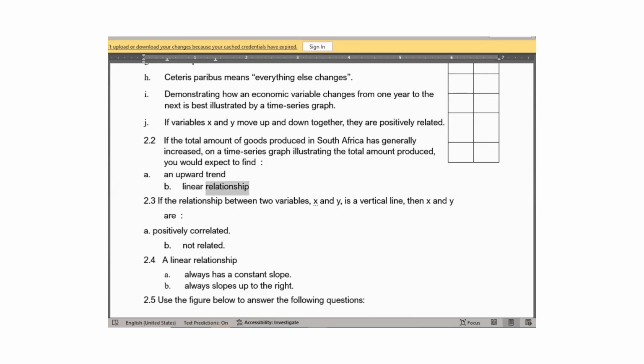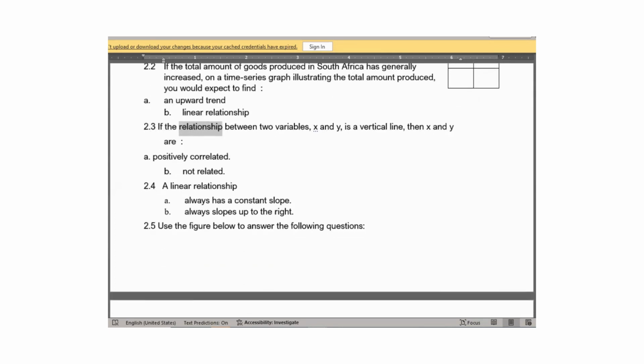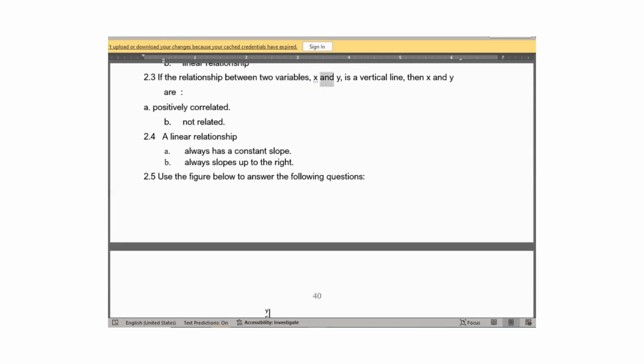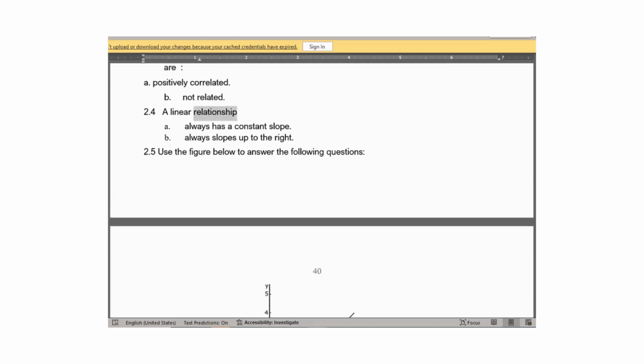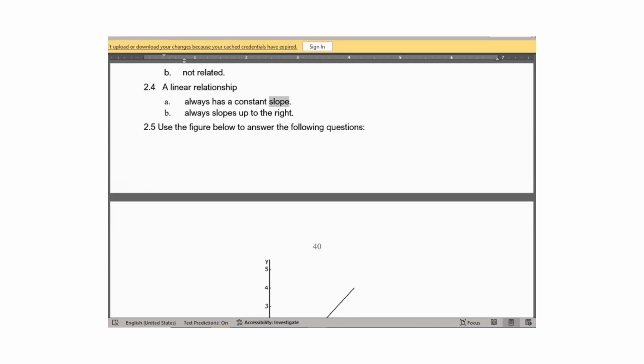B. Linear relationship. 2.3 If the relationship between two variables, x and y, is a vertical line, then x and y are A. Positively correlated. B. Not related. 2.4 A linear relationship always has a constant slope. Always slopes up to the right.